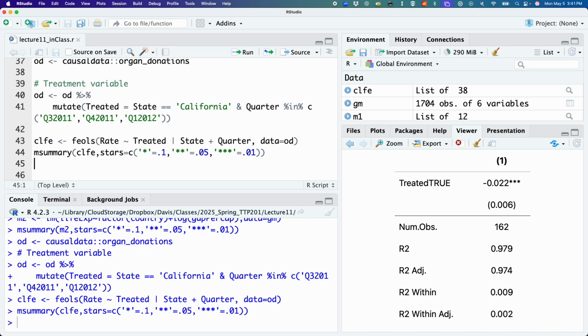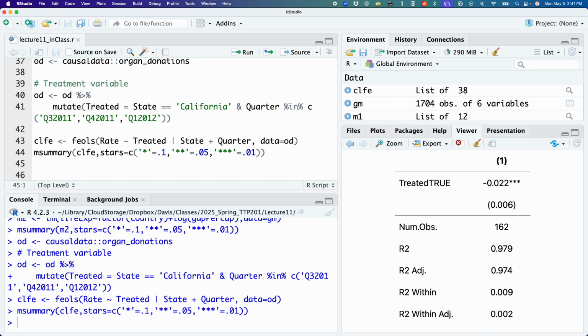So this simple regression model, if we believe the parallel trends assumption, is a pretty powerful way of inferring the causal relationship between our treatment and our outcome.